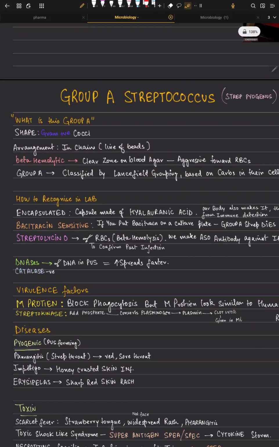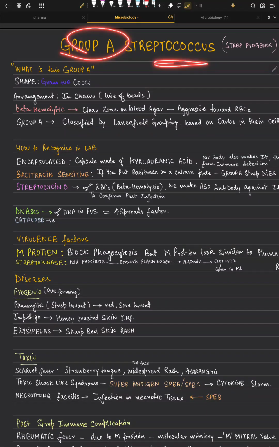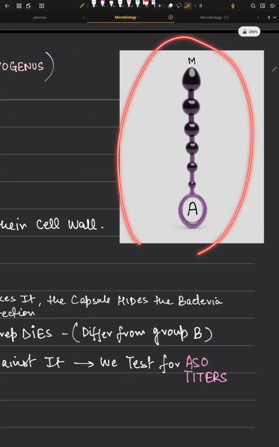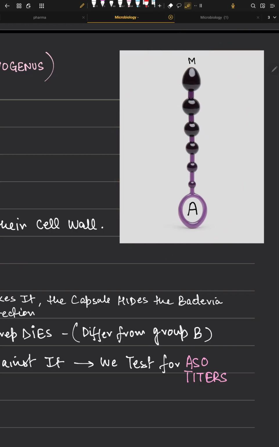So a great image to remember this group A streptococcus is these beads. They are really classical beads.